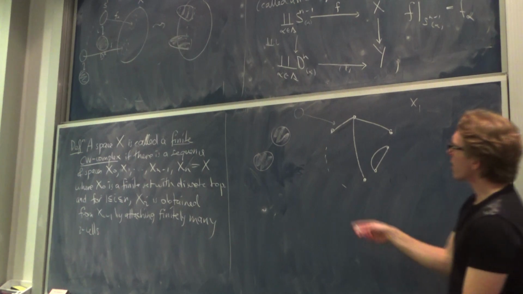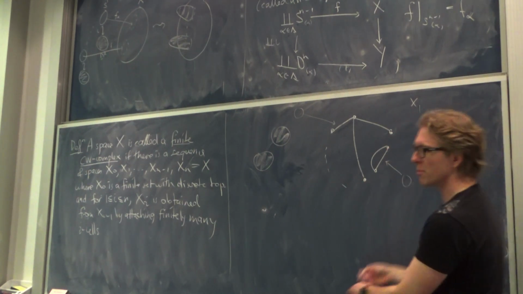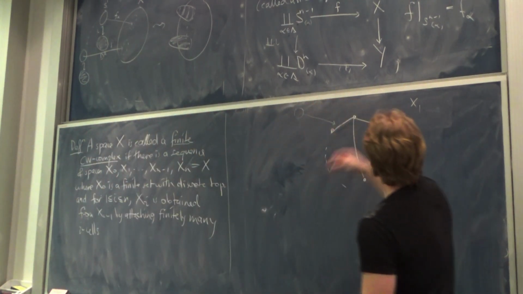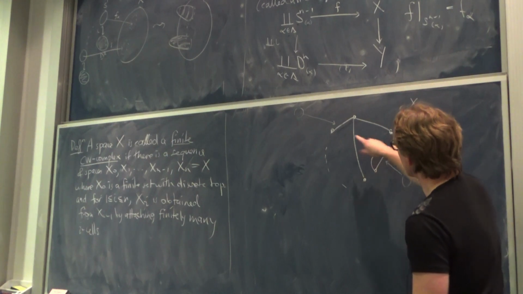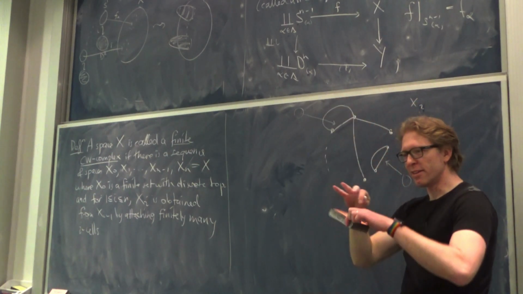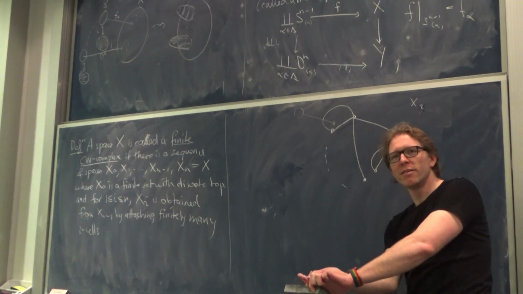Okay, so maybe let's do 2. Suppose I have 2 attaching maps. I'm just gluing in 2 disks. What would the result look like? The result of gluing in those 2 disks would be here. You sort of imagine you've taken the disk and you've crushed the whole boundary of it down into a line.